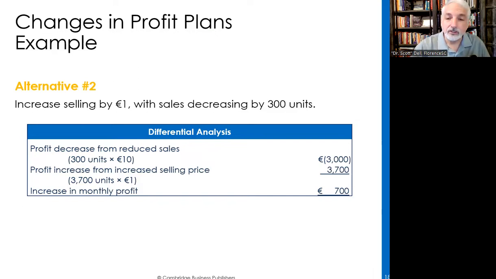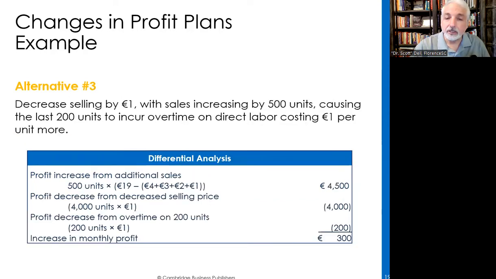Even though we sell fewer units, we still make more money. Well, how about if we decrease the selling price by €1? We decrease the selling price, we sell a whole bunch more units, 500 more actually, but we have less profit per unit sold, and we have overtime costs added to that. So we have a net of 300 with that.